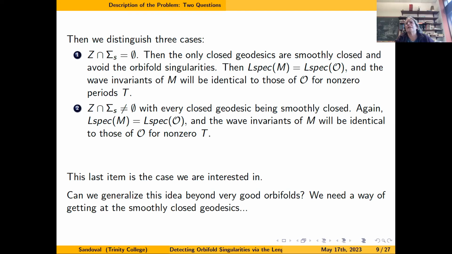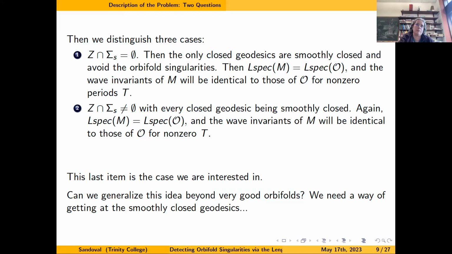Second, it's possible that the intersection of these sets is non-empty, but every closed geodesic is smoothly closed, so it's of the first type. None of the geodesics close up because of isotropy. In that case, again, the length spectra are going to be the same. The wave invariants of M will be identical as well.